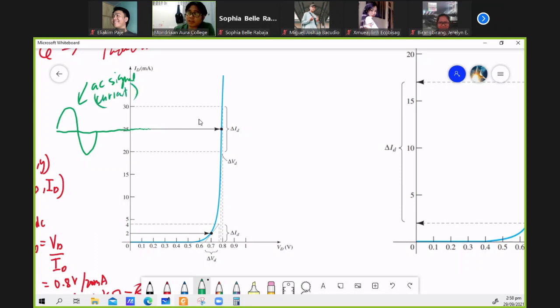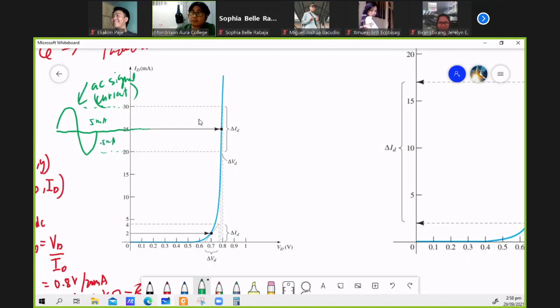Of course, nagbabago yung ating kuryente, mayroon din corresponding na pagbabago sa voltahe. So let's say in this example, naglalaro yung kuryente natin sa pagitan ng 20 milliamperes hanggang 30 milliamperes. Ang gitna niya ay 25. So ang peak current niya, ano kaya yung peak current niya dito? This is 5 milliamperes. This is also 5 milliamperes. If we're going to take it in the negative direction, it's negative 5.